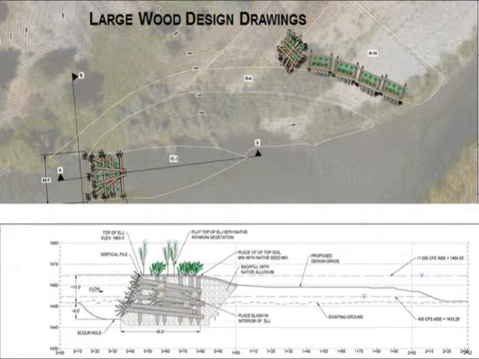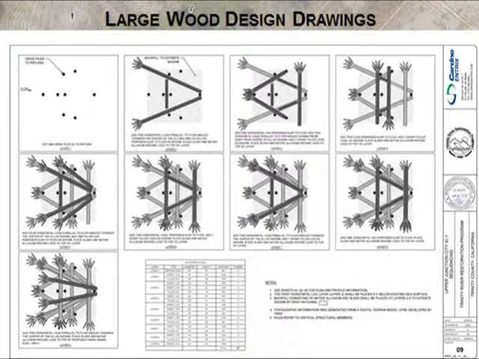Rather, we interwove the pieces together, both horizontally, and then used piles for the main structure for stability and scour protection. This is just showing some of the sequencing of the large wood and the different layers that went into that. This was done by Cardno-Entrix.